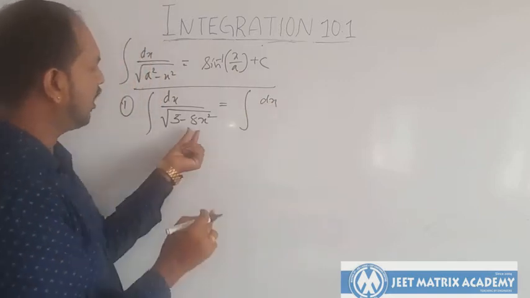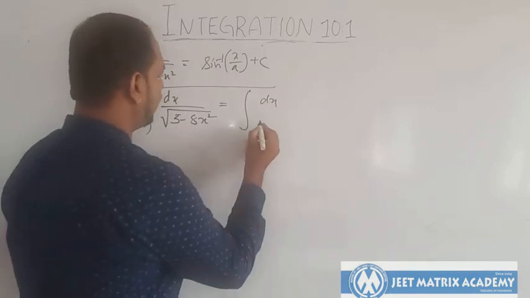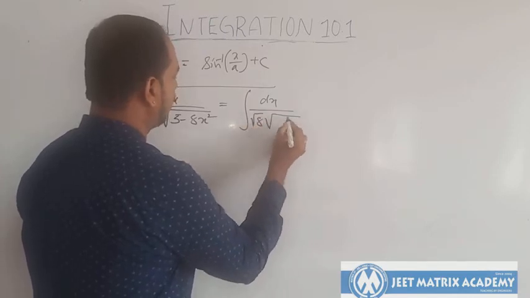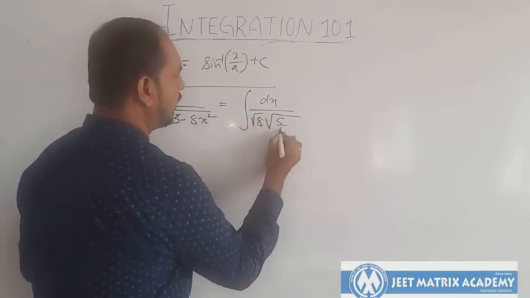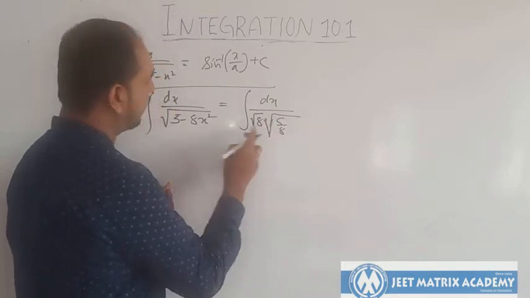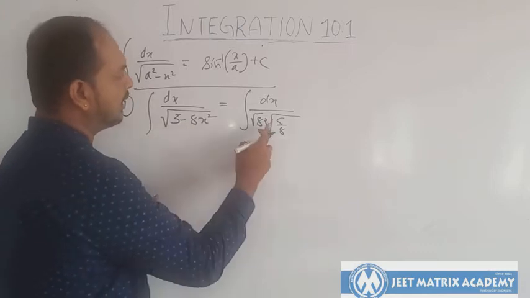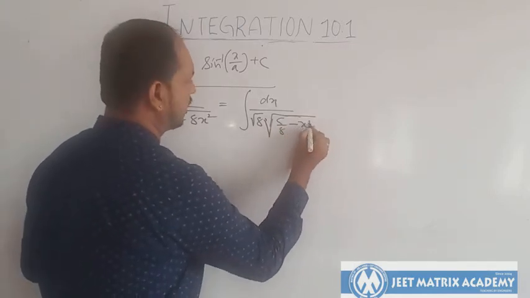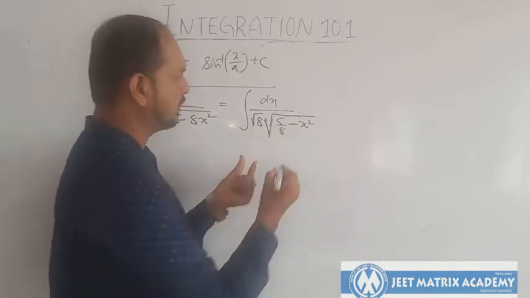When you take out 8, I can write root 8 into 5 by 8 under root. When you take 8 inside, it gets cancelled, and it will be 5 by 8 minus x square. Hope you understood this step, it's very important.